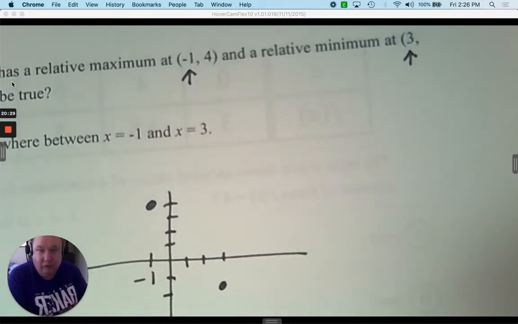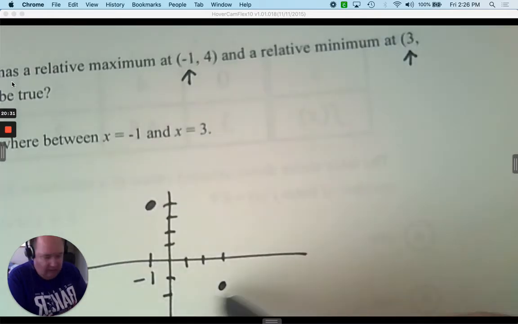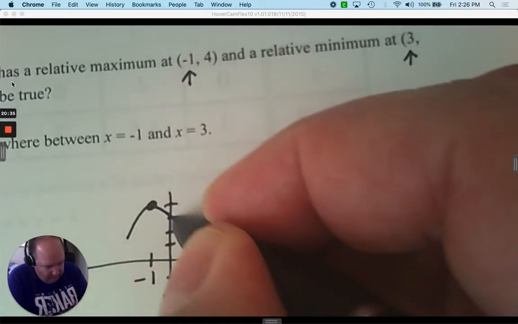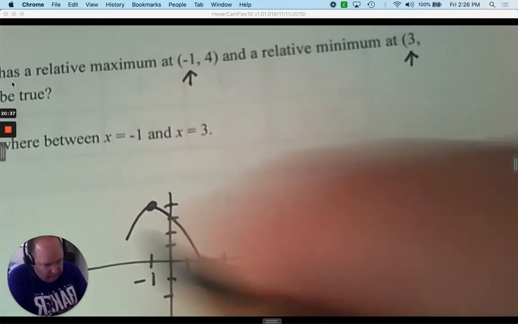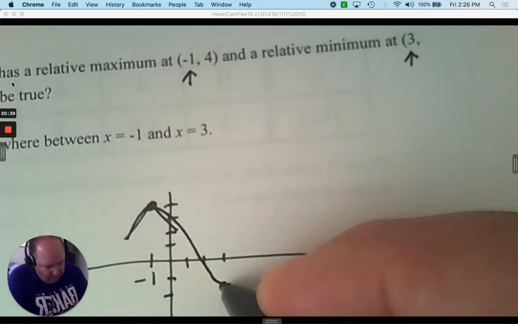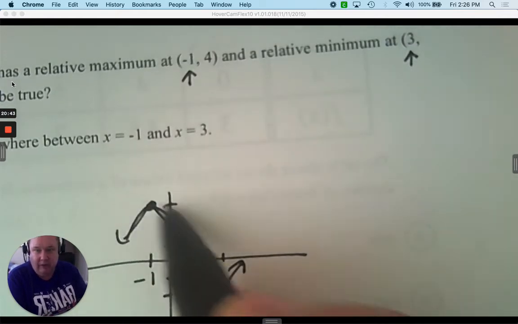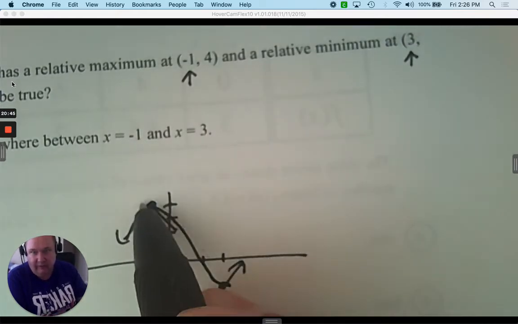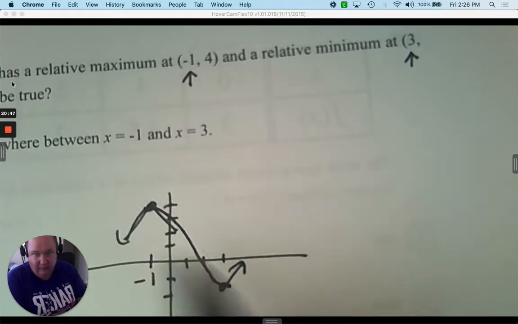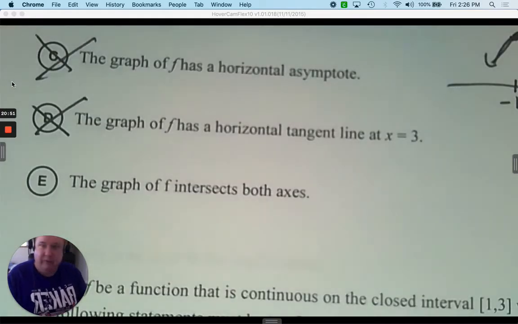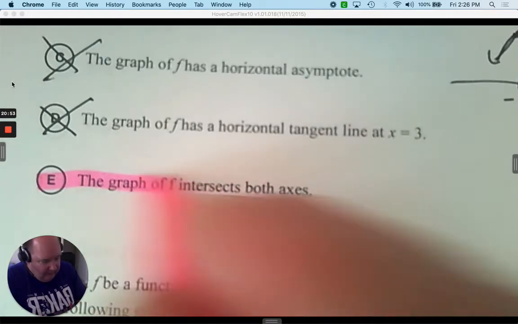So if that's true, remember negative 1, 4 is a maximum, and this is a minimum. So it could be a sharp corner on both sides. But the question is, if this is continuous, would it cross both axes to get from this point to this point without lifting up your pen? And the answer is yes. So the answer to number 13 is E.